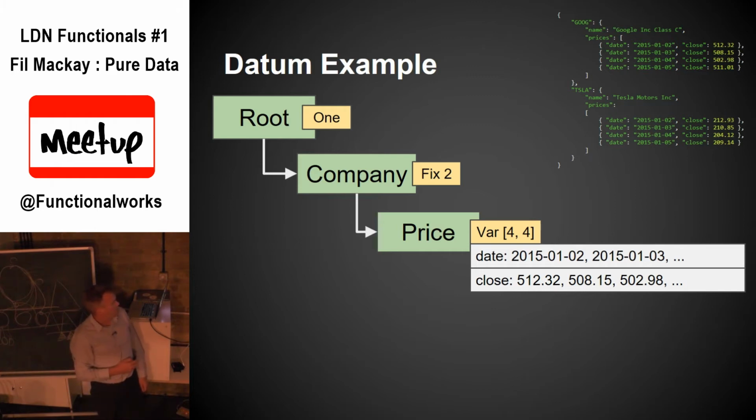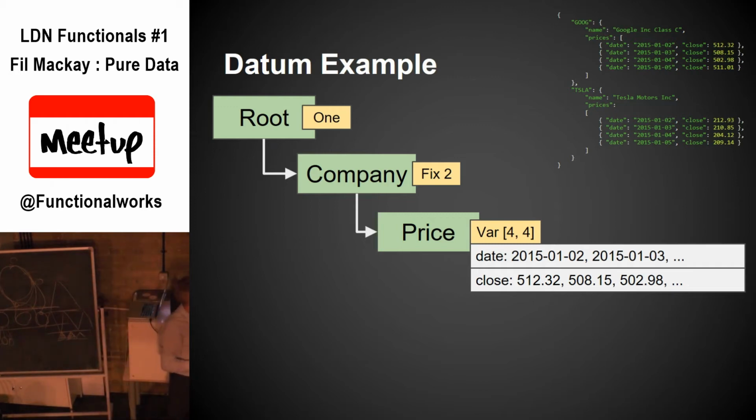Now, the next bit of data that we've got is this extra subtable up in the JSON. So, because we have another level of nesting, we have a 0 to n relationship going on here. We create another dimension and we say, okay, this is the price dimension, and the size of that dimension is 4, 4, because we have 4 rows for each of the companies, as it turns out.